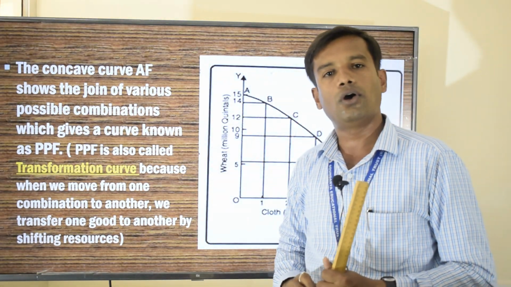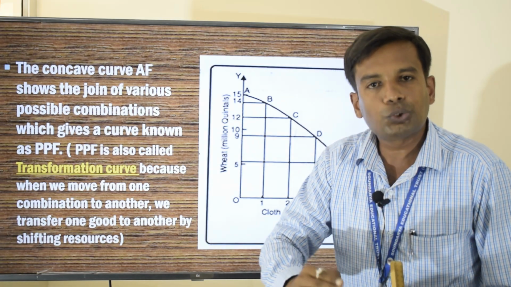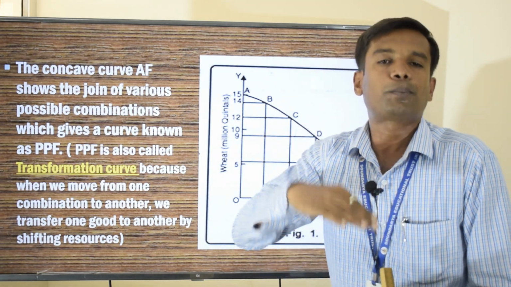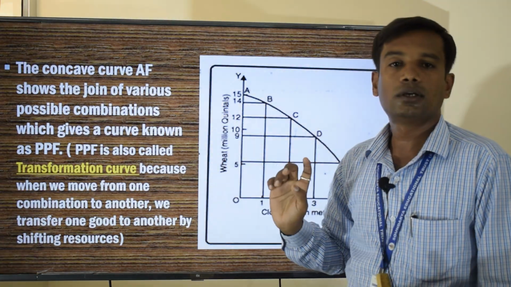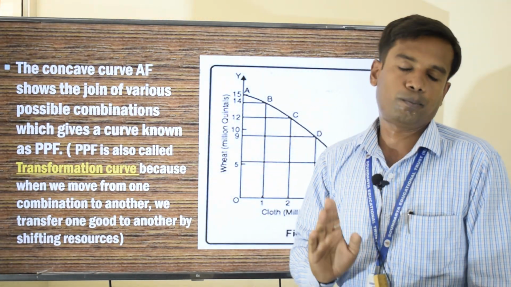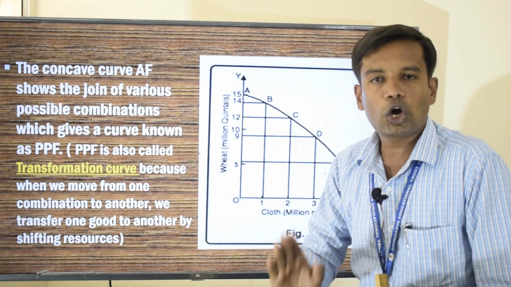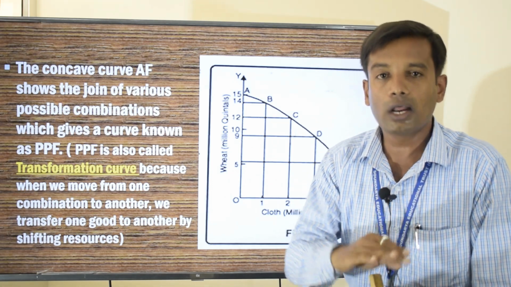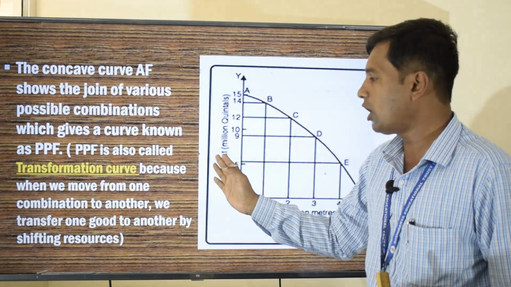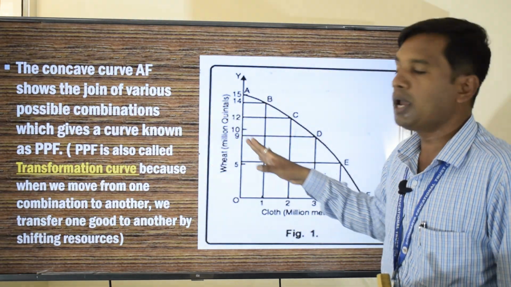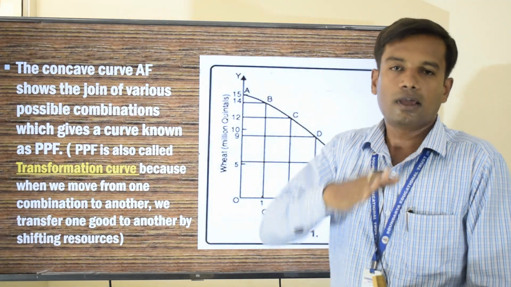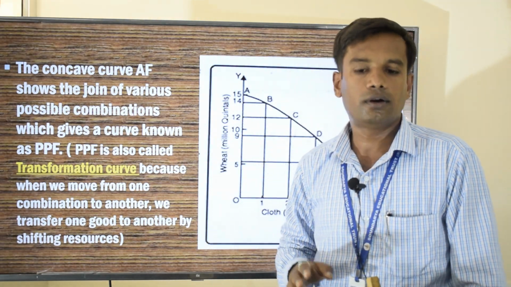Why is it so? If an economy wants to increase one particular product's production, it has to reduce another product's production, which means an economy has to forgo or sacrifice the production of another product. So it leads to the shape of PPC. It slopes downward.